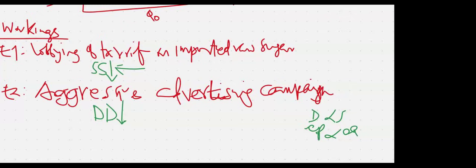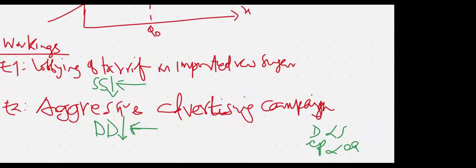To the left. It will decrease. The curve will decrease. Demand will fall, so to the left. These are my few workings I will do on the same question paper for the examiner to see what I'm doing. All right, so now let's go on.